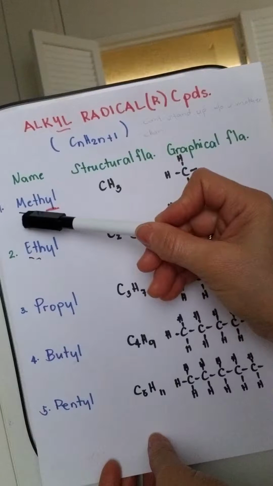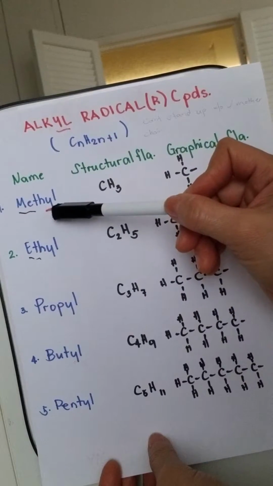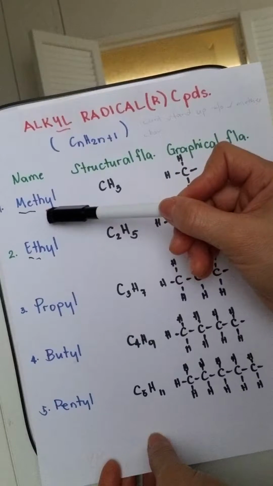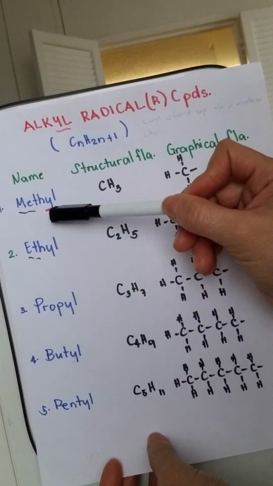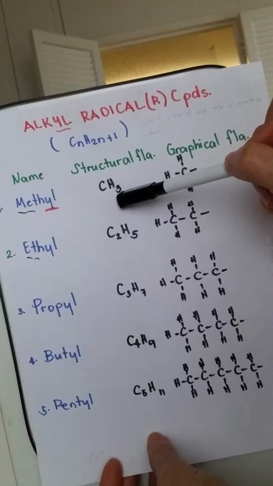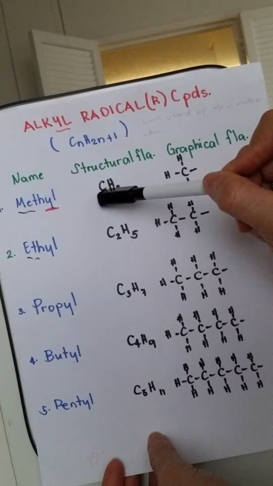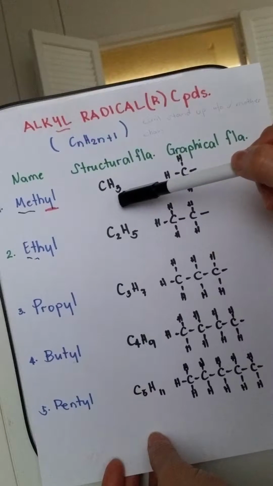So we have meth as the prefix, meaning one carbon atom, and the suffix yl, meaning this falls under the alkyl radical. Following the general formula, you compute the total number of hydrogen atoms present in its structure. So CnH2n+1, that's why we have 3 atoms of hydrogen: 1 atom of carbon, 2 times 1 plus 1 is 3, right?